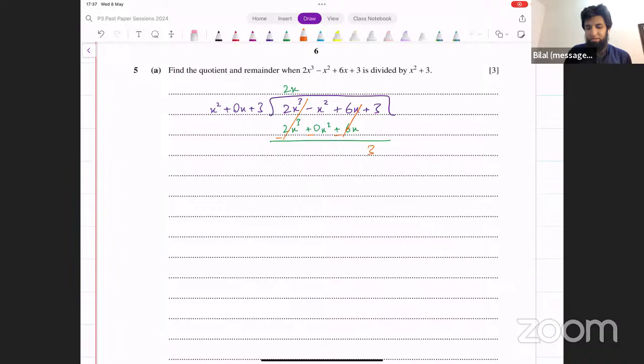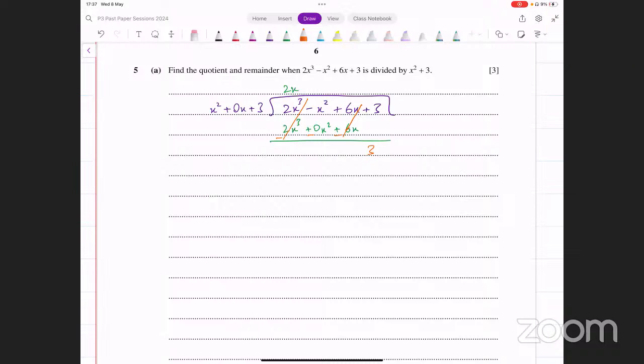Okay, so this is just 3, the remainder, right? And that's it. Okay, this is all that you had to do in the first part. I'm sorry, this was supposed to be 6. Yes? Yes, sir. What about minus x square?